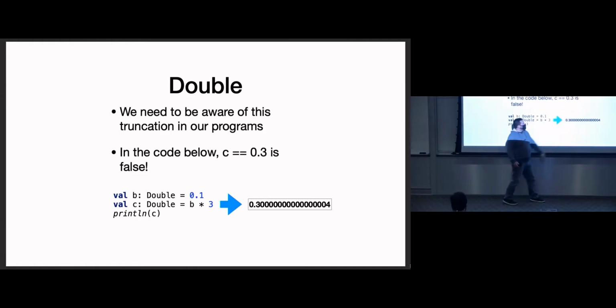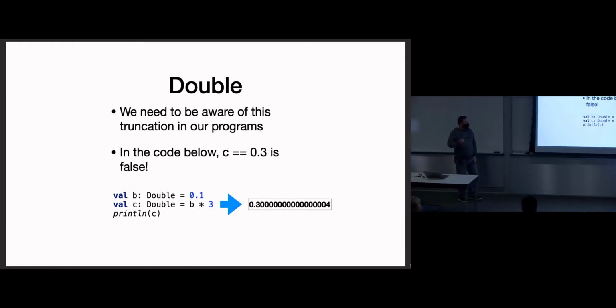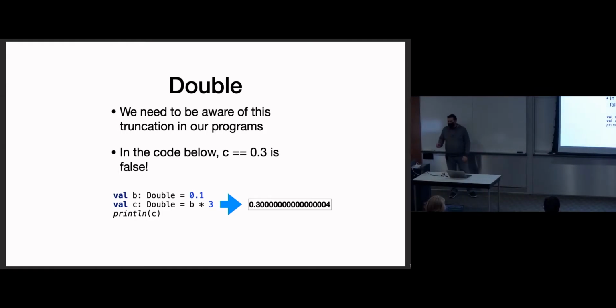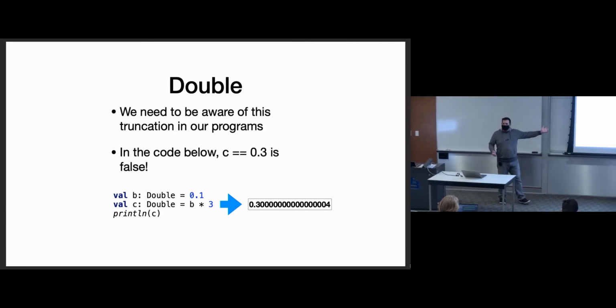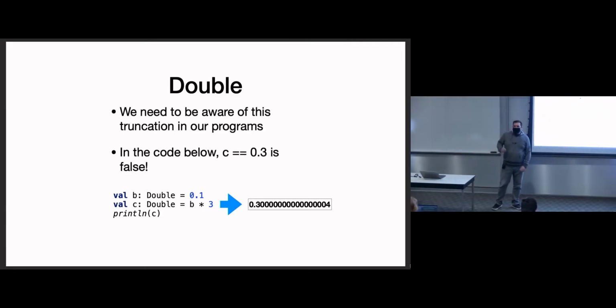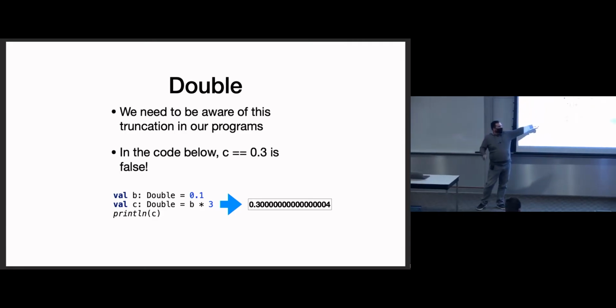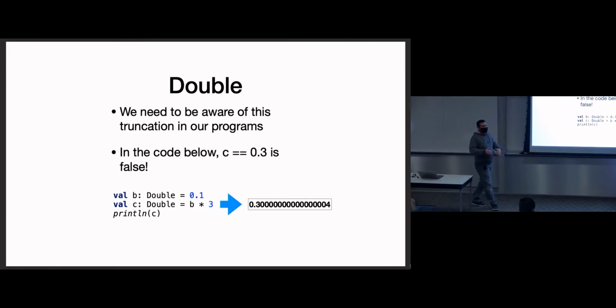C equals 0.3 will be false. Effectively, they're equal. As humans, we'll treat them the same. That's basically 0.3. But if you have a conditional that says if C equals 0.3, that's false, and it's going to go into your else condition.